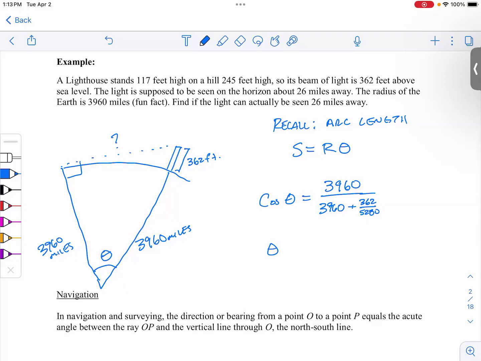Okay, what this becomes, and since I'm actually going to need this in radians, I calculated this. And we actually get to use the inverse function on our calculator, which is just the second, right? Second cosine gives us cosine inverse. And I'm keeping this in radians of 3960 divided by 3960 plus the rest. This gives me 0.00588 rad.